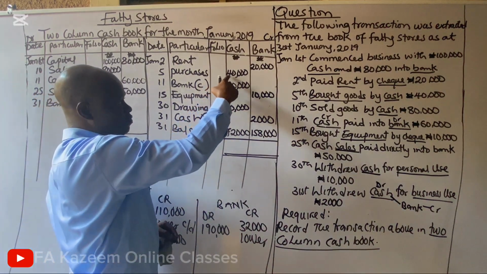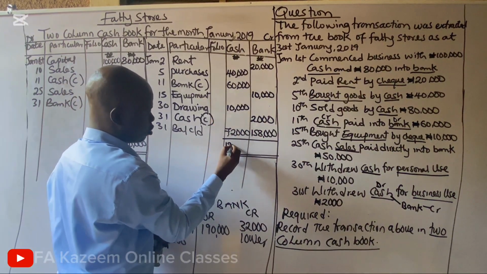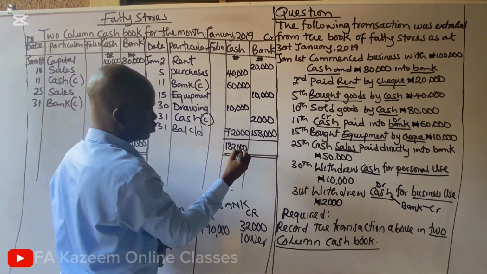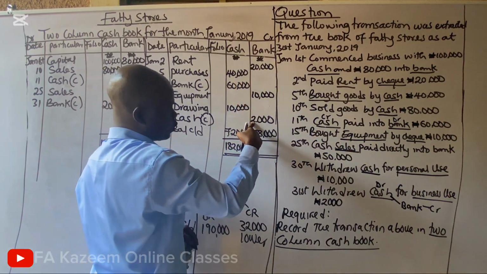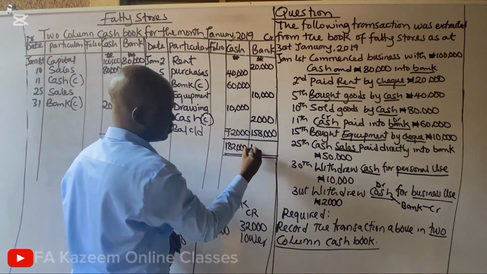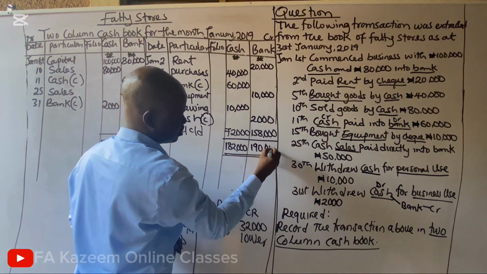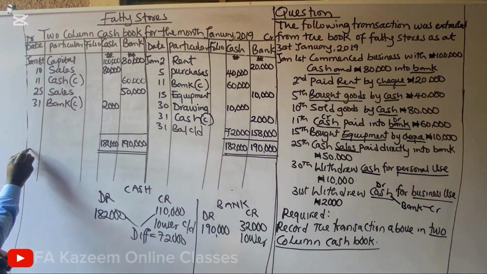On the credit side too, 40 plus 60 plus 10 plus 72, 182. 20 plus 10, 30. 30 plus 2, 32. 32 plus 158, 190. For the month of January, the account has been officially closed.